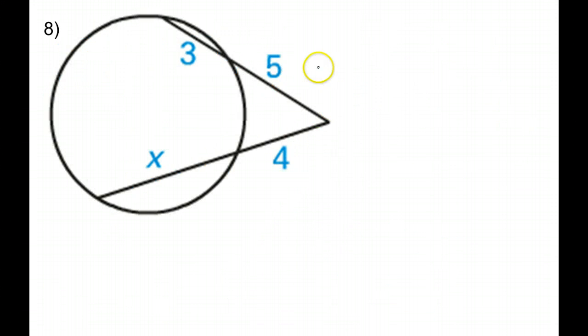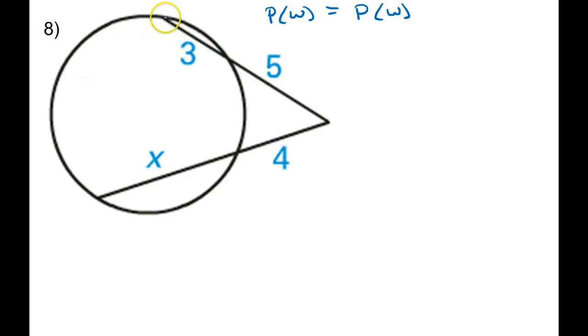Number 8. Aha, this time we are outside the circle. So we will not be doing part times part anymore. Now we will be doing part times whole. So we will be doing part times whole is equal to part times whole. Remember, when I say part, I mean the outer part, the 5 and the 4, not the inner part.